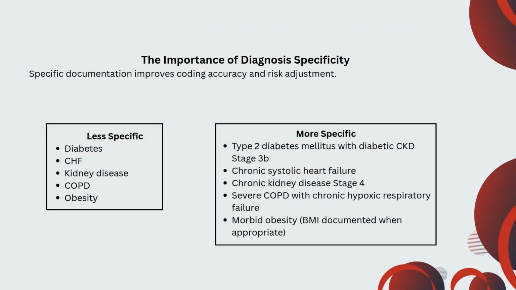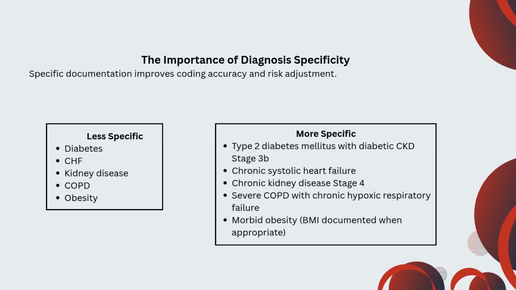Examples of documentation to show the importance of diagnosis specificity. Specific documentation improves coding accuracy and risk adjustment. Less specific: diabetes, CHF, kidney disease, COPD, obesity.